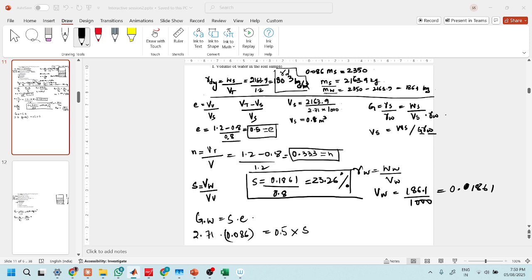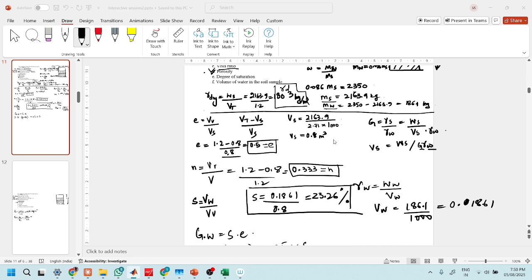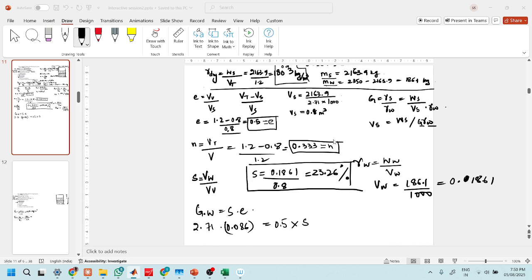VW is correct, madam. What you have done is correct. That is question F. We have already done that. Let's check. Only VV we need to check once again. How you got 0.8?